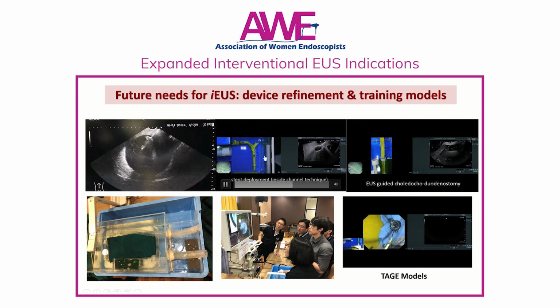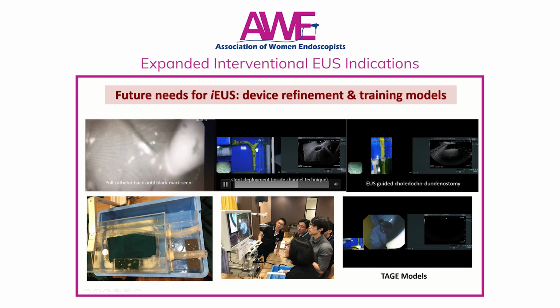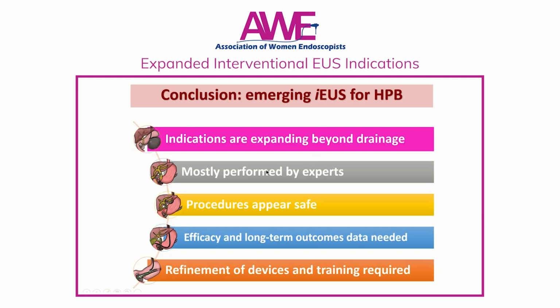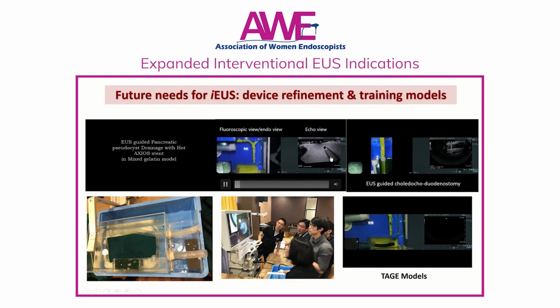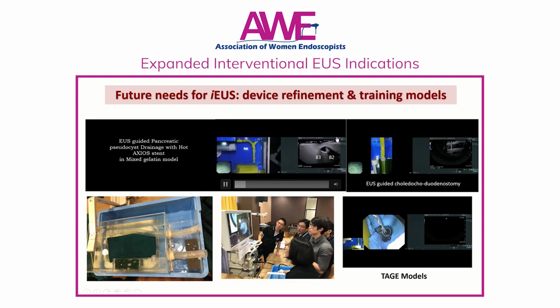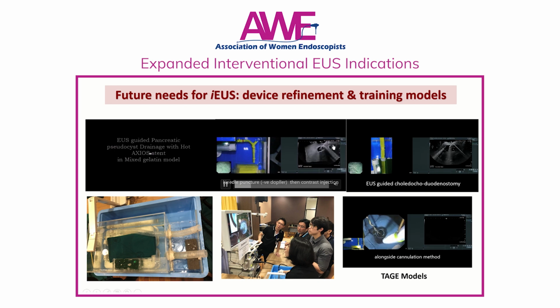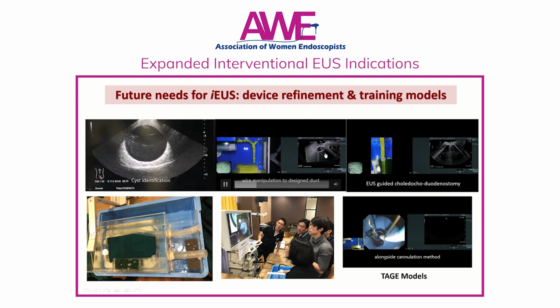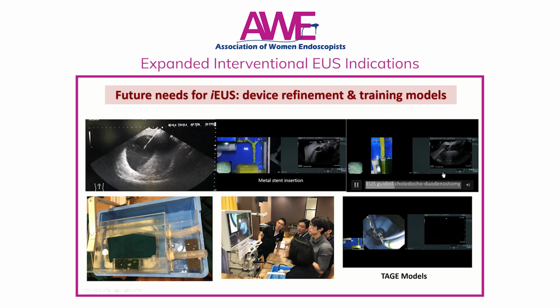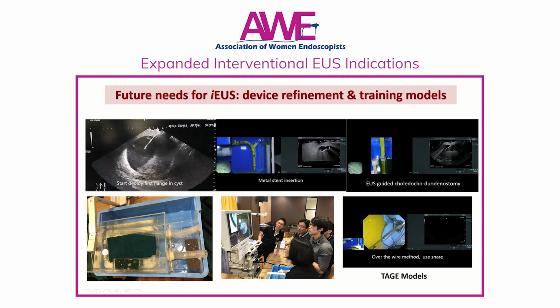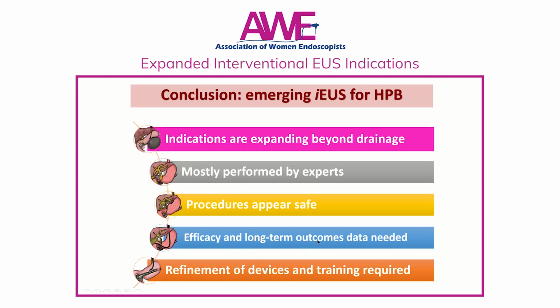The second one is the hepaticogastrostomy model. This model will allow you to actually identify the dilated intrahepatic duct and puncture it, and place either plastic stents or LAMS. Here's a model for choledochoduodenostomy, and several workshops have been conducted.